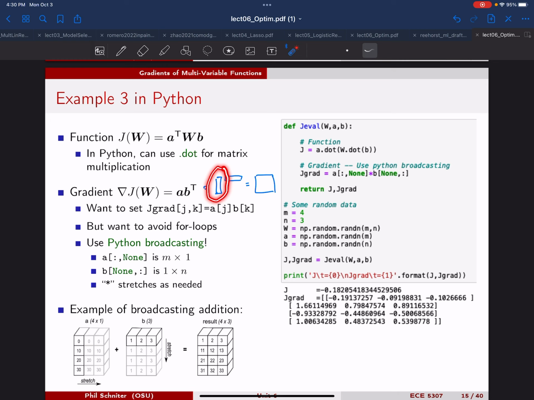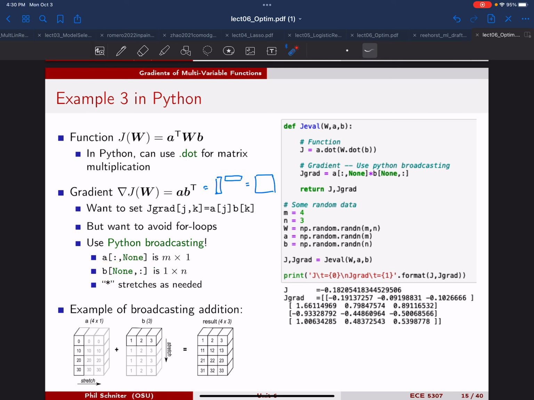There's not a bunch of columns. So it takes a 1-dimensional list and creates a column vector from it. Now if you want to make a row vector, you do it this way: B, None, comma, colon. This makes a 2-dimensional quantity that's really just a 1-dimensional row vector.